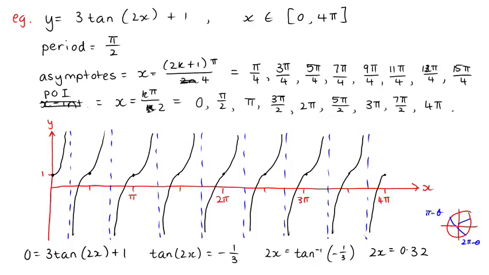Right, so when we did pi minus 0.321750 or whatever, we get this one to be 2.82. And then we've got to divide that by 2 because remember it's 2x. So squishing it in, divided by 2 is 1.4.